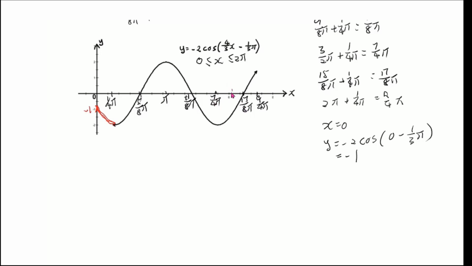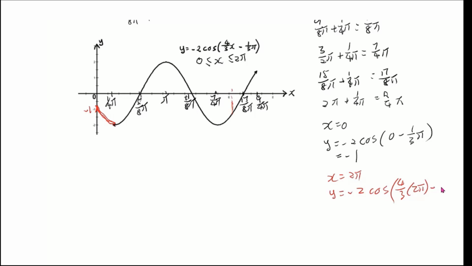It is somewhere here. Same thing, we need to calculate the value, where we calculate when x is equal to 2 pi, what is the value of y. So we substitute into the equation.